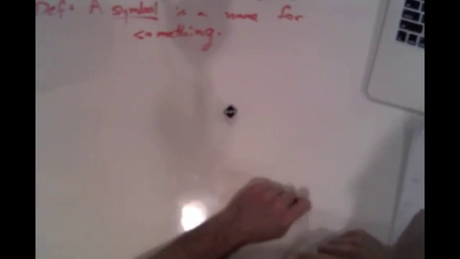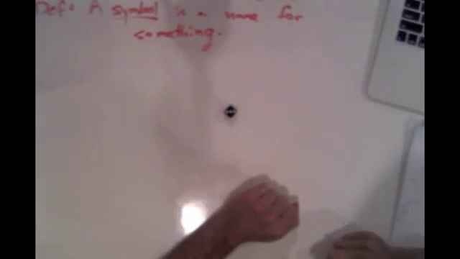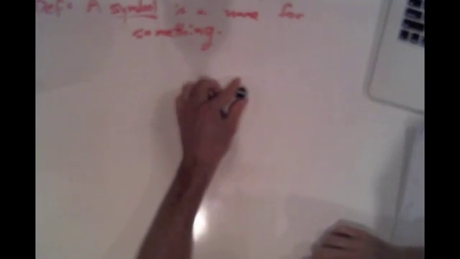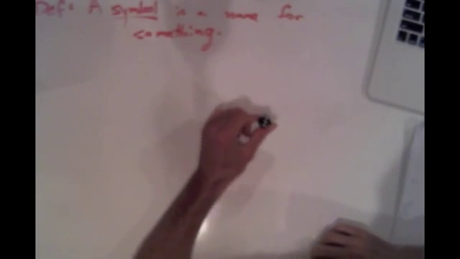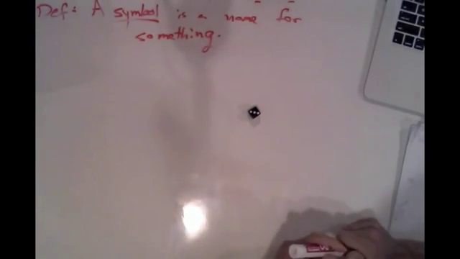Okay, for example, is this a symbol? It's not yet. But you know what? Let's have the mutual understanding that every time you see this dice, I'm actually talking about my favorite movie, Ocean's 11. Now it's a symbol.